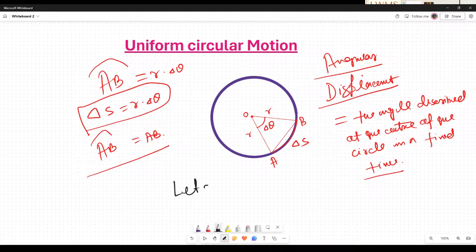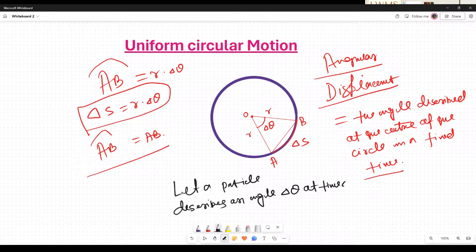So, let a particle describe an angle delta theta in time delta t at the center of a circle of radius r.